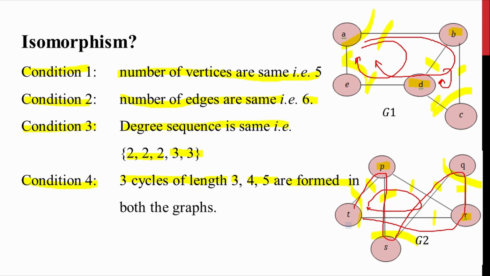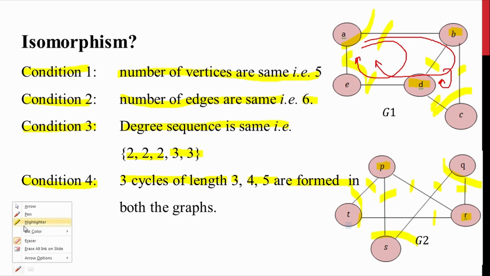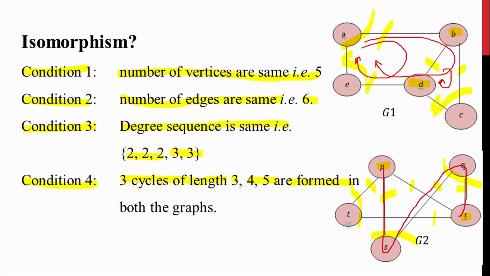This is a cycle with 5 edges. Then the cycle with 4 edges: we start from P to S, S to Q, Q to R, R to P. So 4 edges are included. So all 4 conditions are true here.